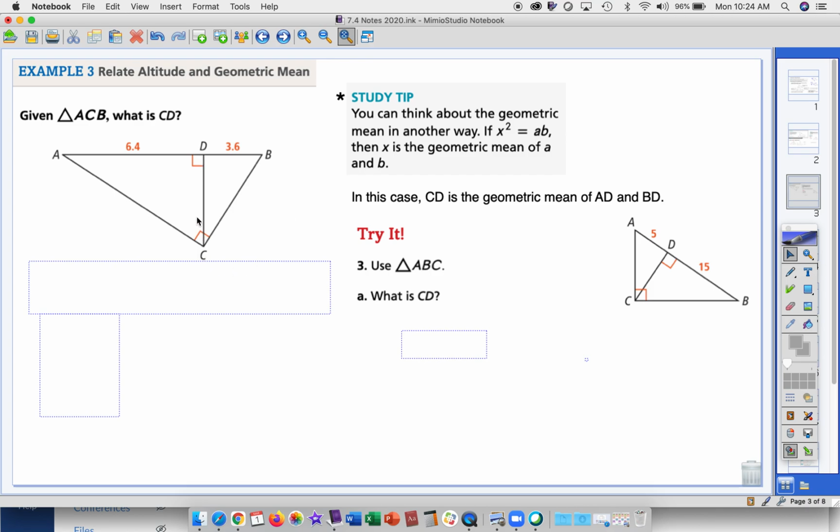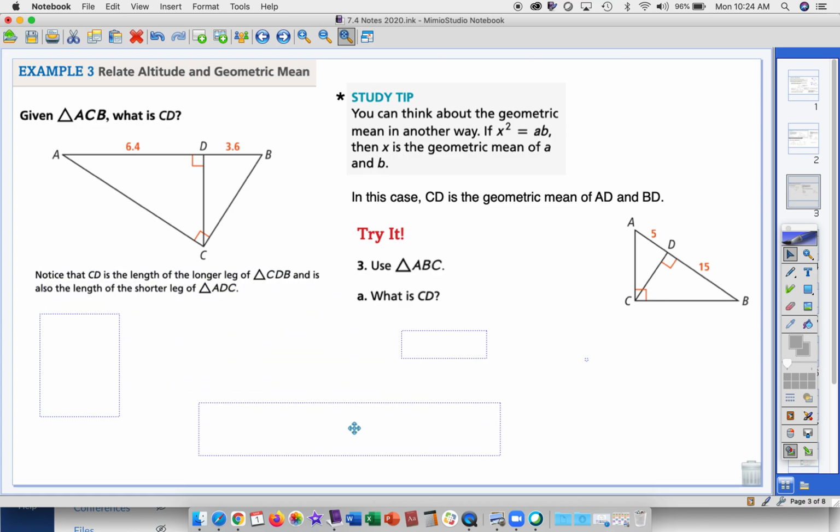So we're asked to figure out the length of CD. So notice that CD is the length of the longer leg of CDB, this triangle. 3.6 is the short, CD is the long. And it's also the length of the shorter leg of ADC.